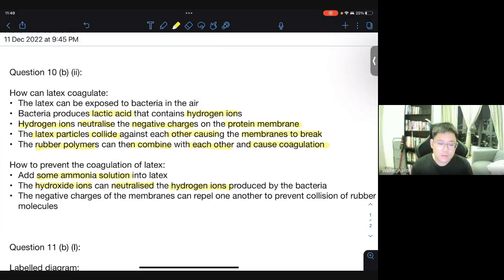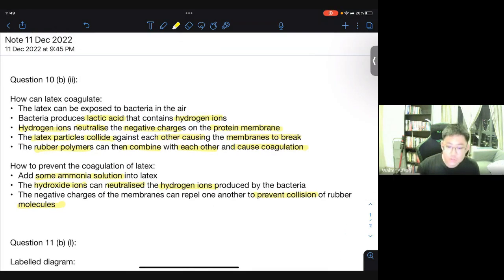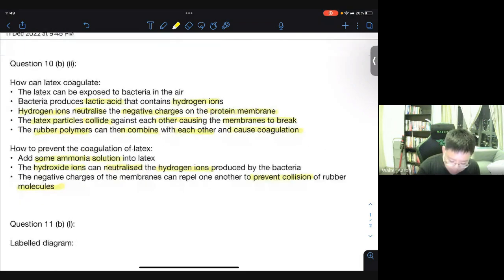If they can repel one another, of course, they can prevent collision of the molecules. And that's how adding a little bit of ammonia solution can prevent the collision of the rubber molecules against each other, and also prevent the coagulation of latex from happening. So that's the mechanism, and this is how you should describe it in your answer to get full marks.